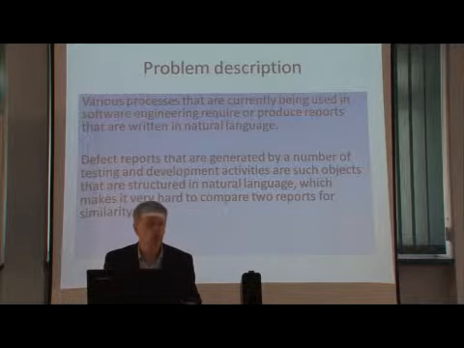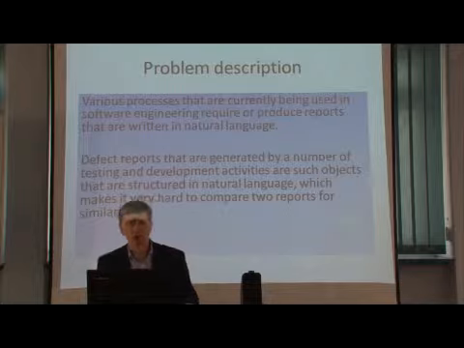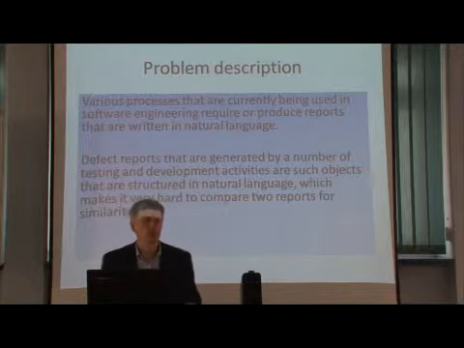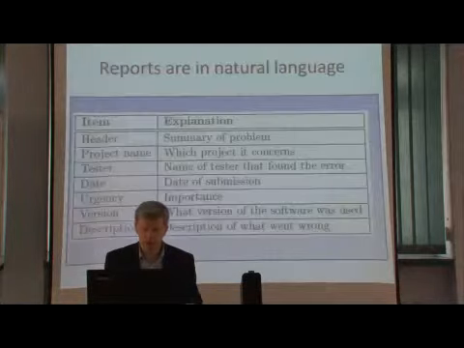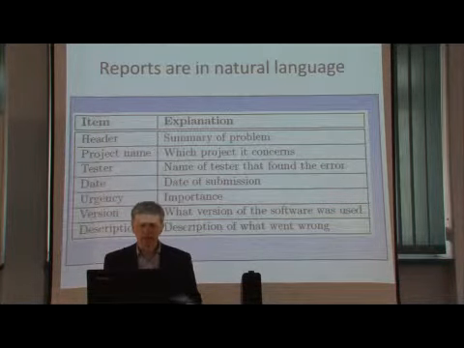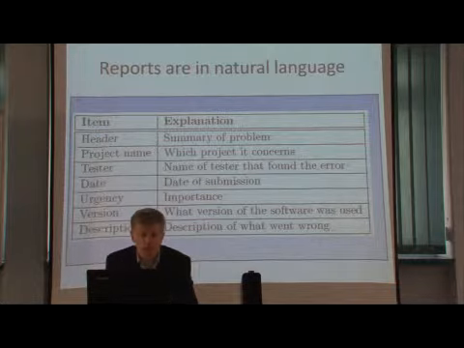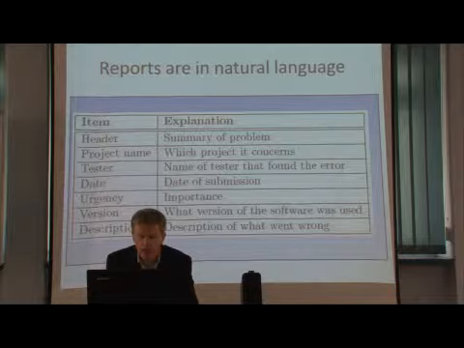So for that, we need to compare two reports for similarity, but because such reports are written in natural language, they are not amenable to the usual software engineering techniques, and they require natural language processing. So let's look at how this is done. Here's a table which describes the data structure of a bug report.